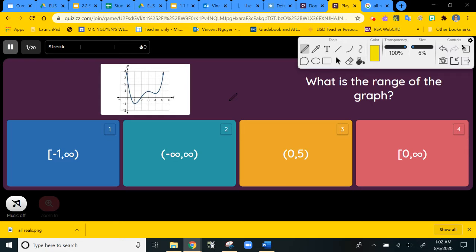All right, this question says, what is the range of the graph? Now, a reminder, the range of the graph, range are all the y values, right? Range are all the y values. Okay, so in order to read this graph correctly, you've got to read it from the bottom to the top, right?